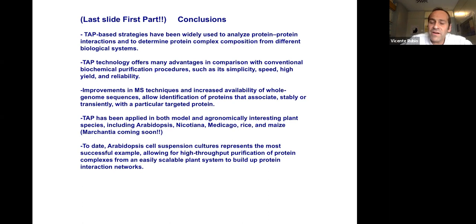So you can identify a large number of proteins just by a single step of purification. But again, you will need a good filtering to remove all the contaminants, and that removal depends a lot on having a good collection of contaminants obtained upon purification of many different protein complexes, as you will see later.